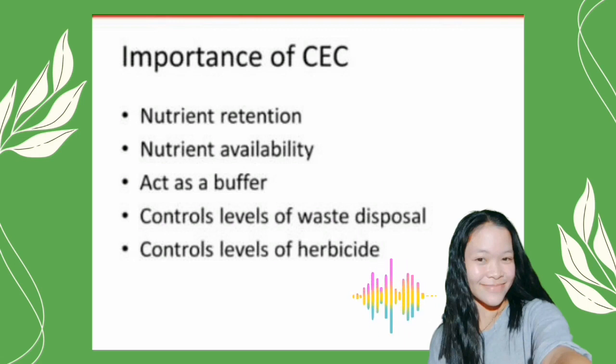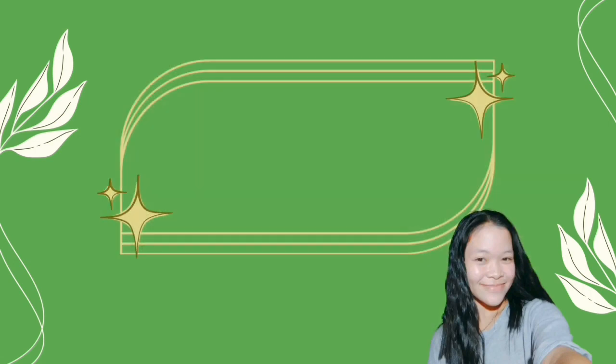The third one, CEC acts as a buffer. Certain components such as organic matter and soil pH can help maintain a stable environment by regulating nutrient availability, then controls levels of waste disposal, and lastly controls levels of herbicides.